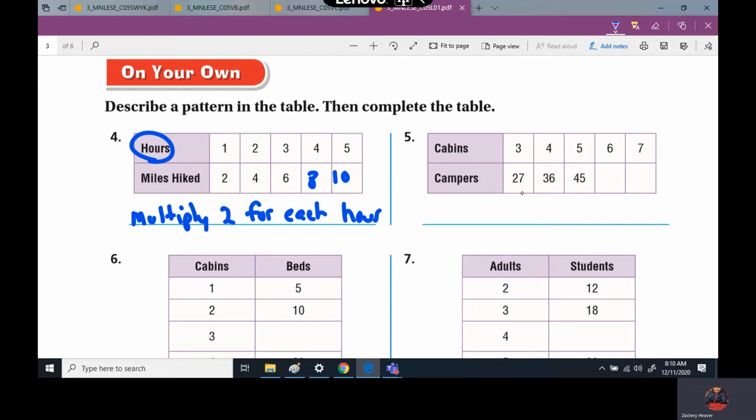How does 3 get to 27? By 9. How does 4 get to 36? By 9. How does 5 get to 45? By 9. And look, it's 27, 36, 45, 54, 63. Because 1 less than 7 is 6, 6 plus 3 makes 9. So we're doing by 9. So multiply by 9 for each cabin.